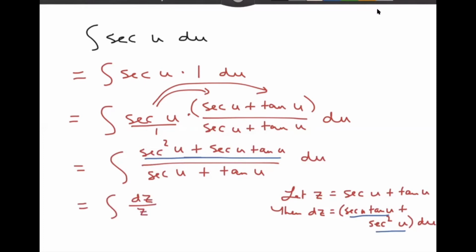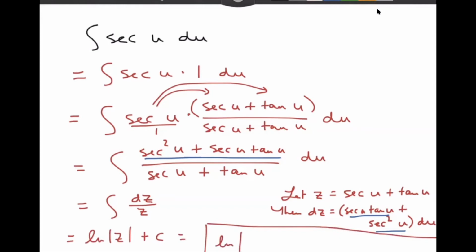All right, so that trick, even though the only reason I know it is because somebody showed it to me, turns out to be exactly the thing that works. So this is natural log absolute value z plus c. In other words, let me box this in here. Natural log absolute value secant u plus tangent u plus c.